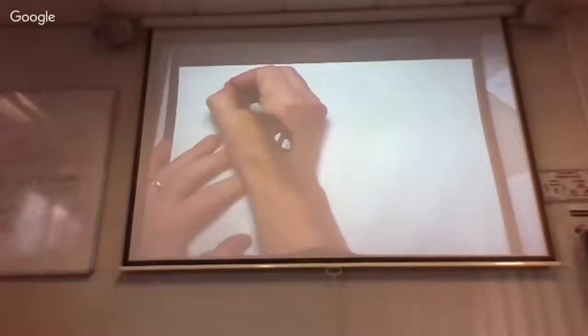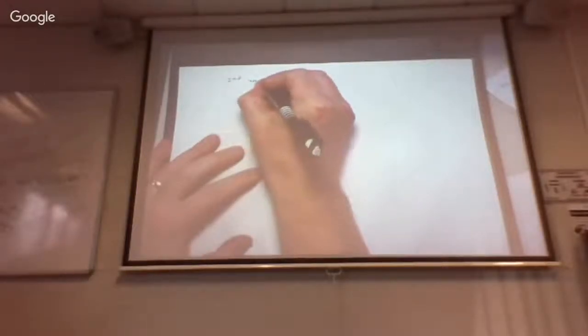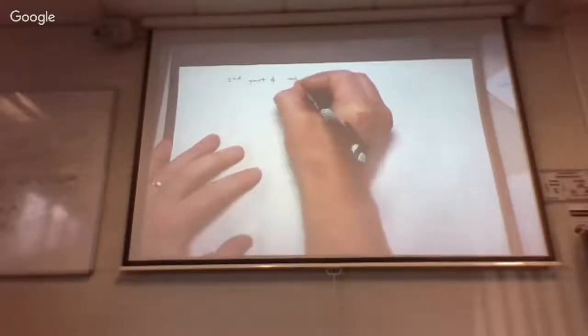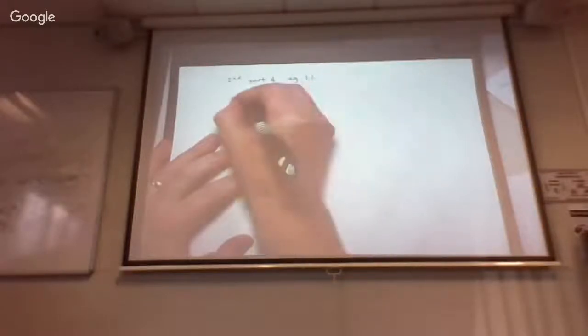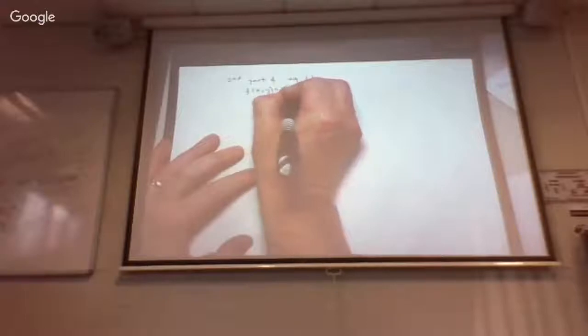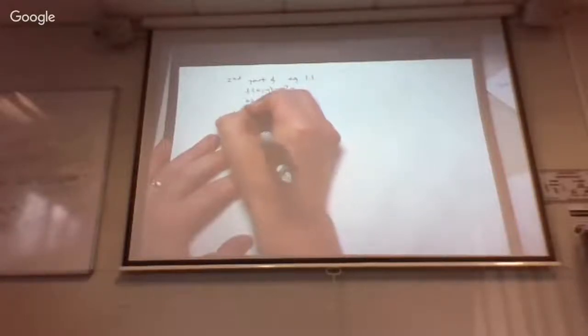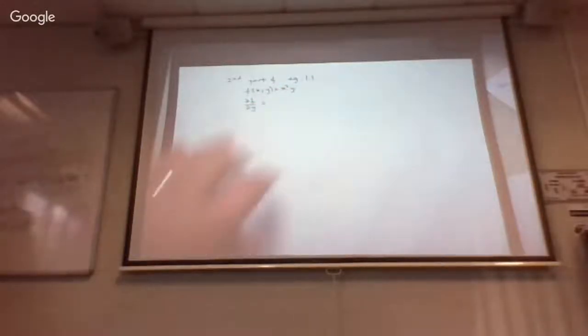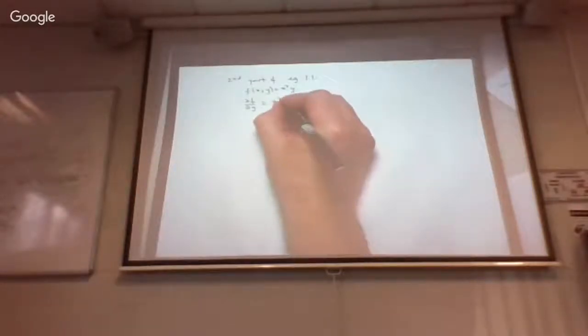So this, if you like, is the second half of example 1.1. Our function f of xy is x squared y. And this time we're going to show that df dy is x squared.